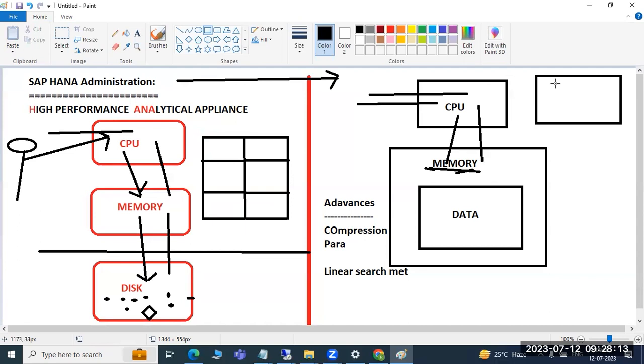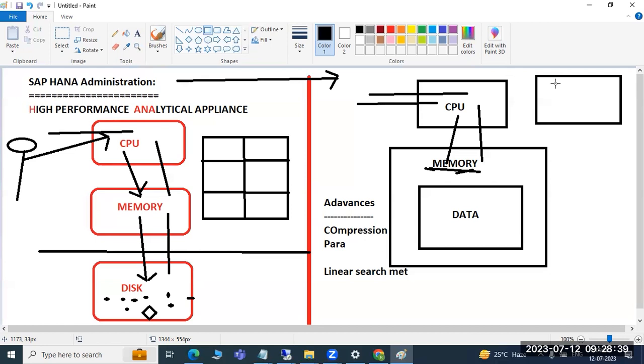When the data is stored in column tables, you can easily retrieve the data from the table at the database level. With row stores, it may take some time to get the data. But with column store tables, we can retrieve the data on the fly within a fraction of milliseconds.